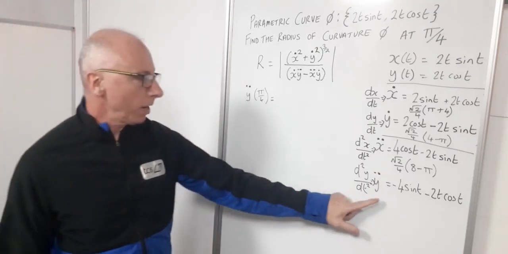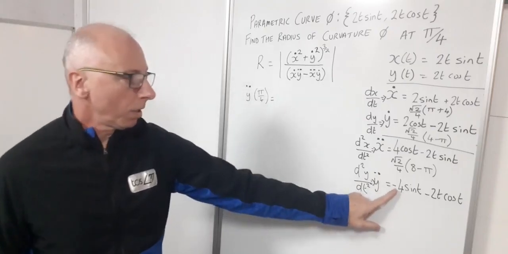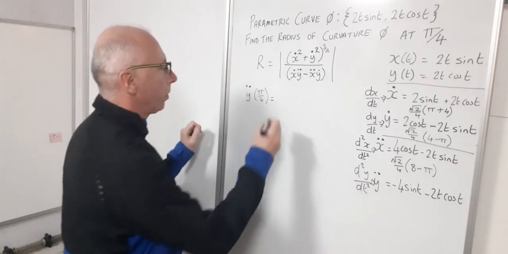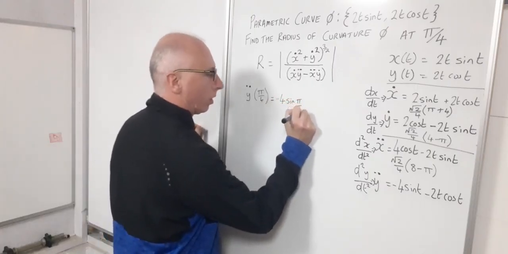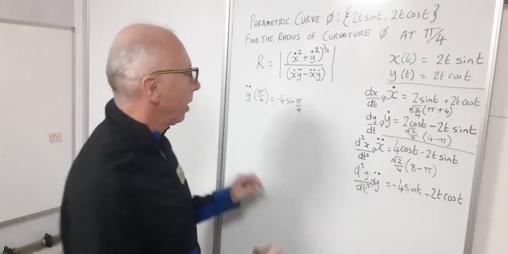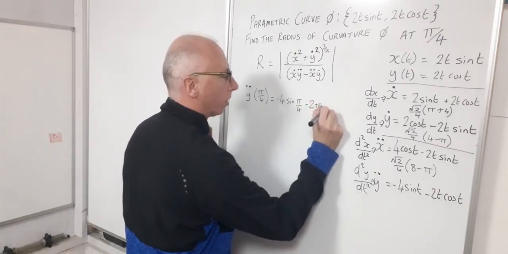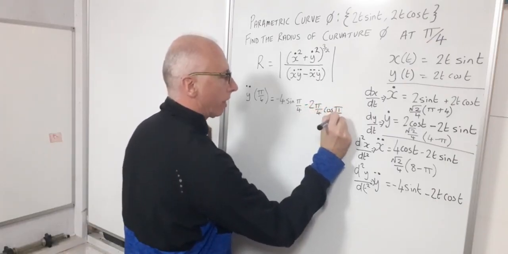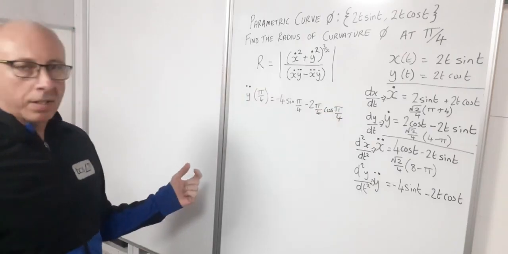Okay, so last one. Let's calculate this one at pi over 4. So we've got minus 4 sine pi over 4, minus 2 pi over 4 cosine pi over 4. Okay, that takes care of that. Let's simplify again.